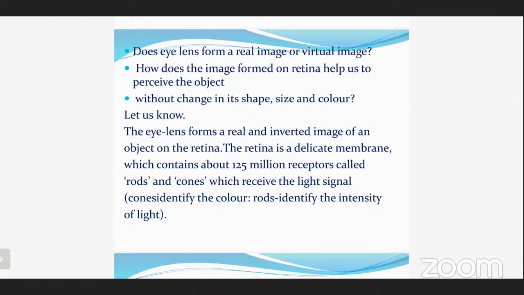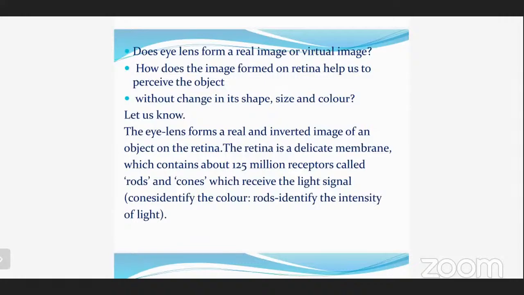This knowledge we have from the previous chapter. With our eye we can see any object, so it must be a real image. So the real and inverted image of the object is formed on the retina, and then we can see the object.